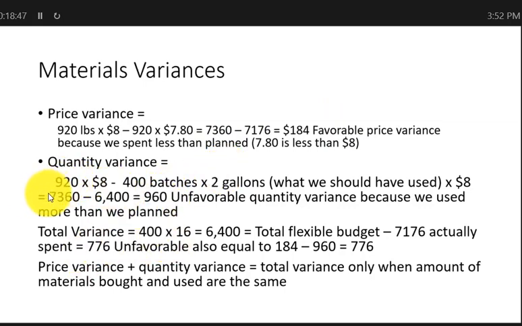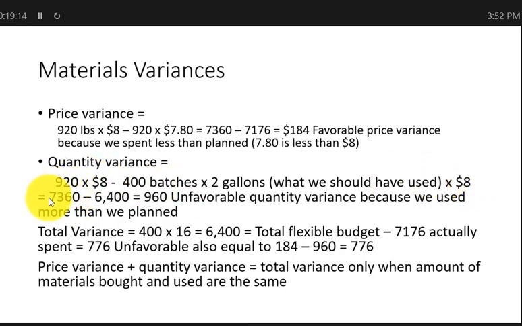Now, to do the quantity variance, we take the 920 times $8, and then we compare what we should have used. We made 400 batches, and we should have used 2 gallons each. So we should have used 800 gallons, and they each should have cost us $8. Right? That's what we planned.